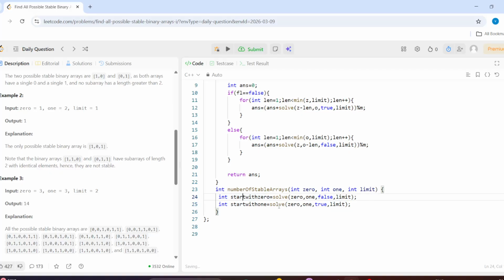This is how, and at last we will return the sum plus percent modulo.